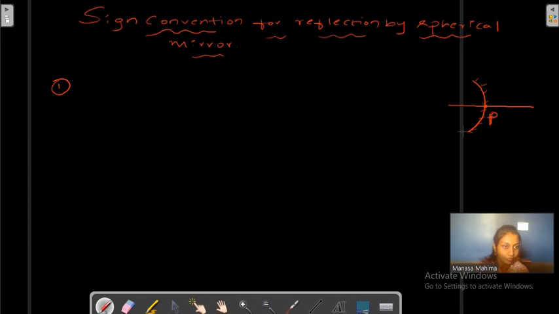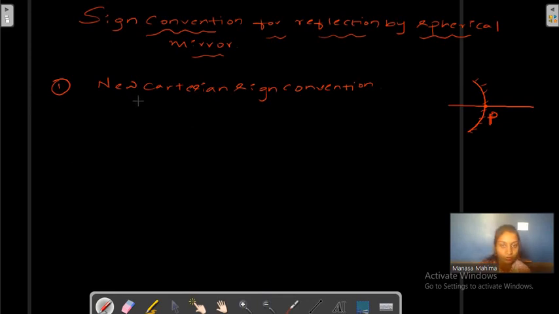The center point of any reflecting surface of a spherical mirror is called the pole. And this sign convention is called the new Cartesian sign convention.